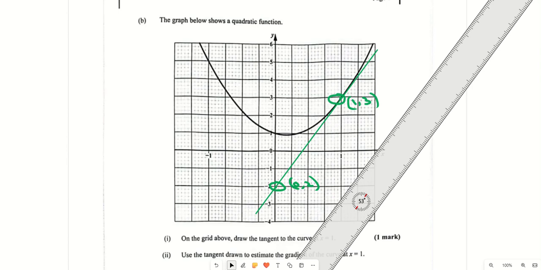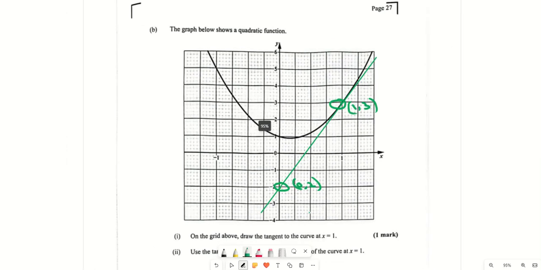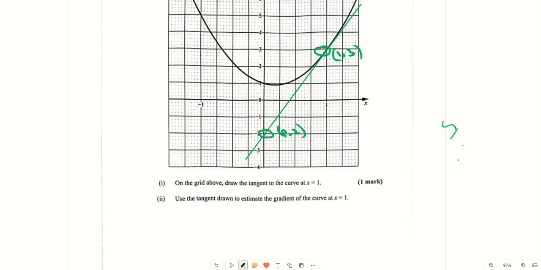Now if they ask for the gradient, let me just remove this ruler, which was the next question. I got a kind of weird answer, so that's why I chose to do it over. We are going to use those two coordinates to get the gradient. So my gradient is equal to y2 minus y1 over x2 minus x1. The coordinates are (1, 3) and (0, 2).